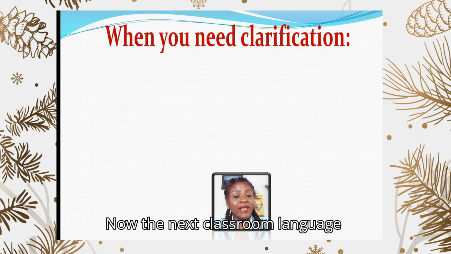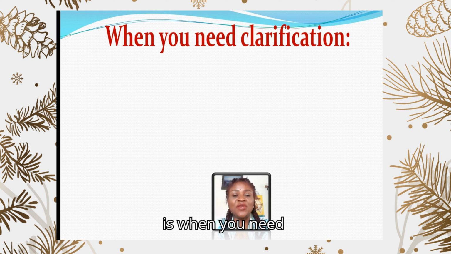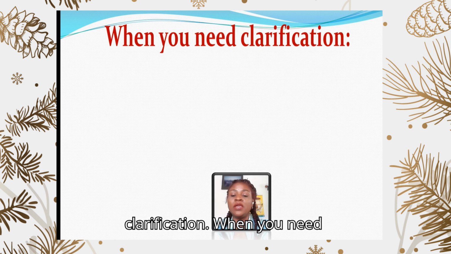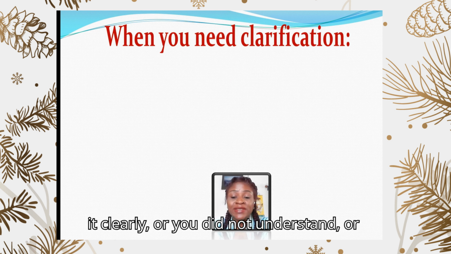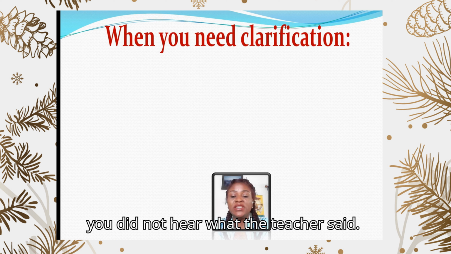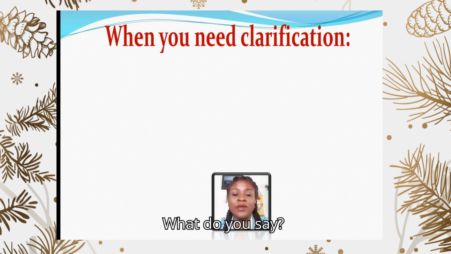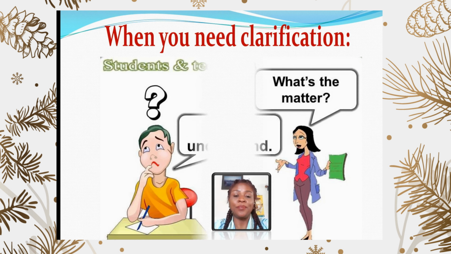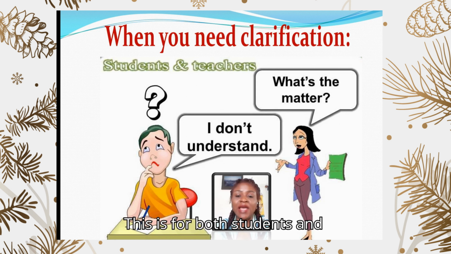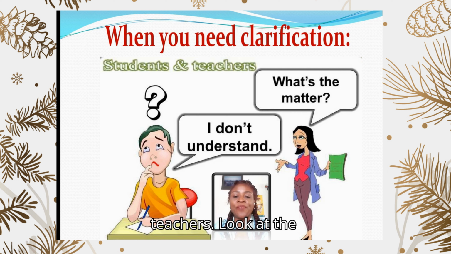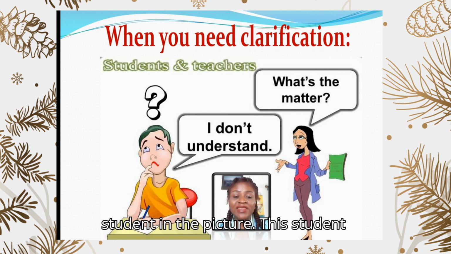Now, the next classroom language is when you need clarification. When you need clarification, that means you did not get it clearly, or you did not understand, or you did not hear what the teacher said. What do you say? This is for both students and teachers. Look at the student in the picture.